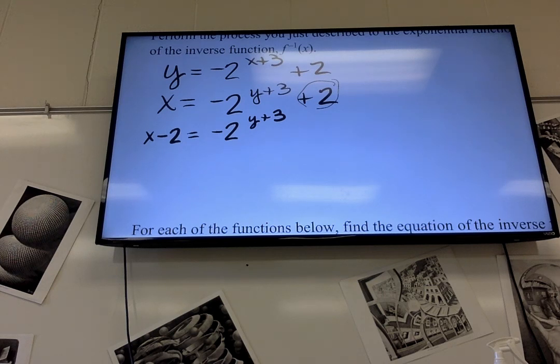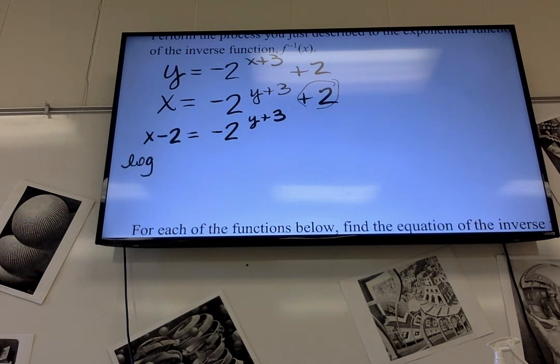What do I do to be able to get that exponent down? Do you log it? Yeah, you log. You log both sides. Because if you have a log in front of it, then the exponent can come down in front. As long as you do it to both sides.